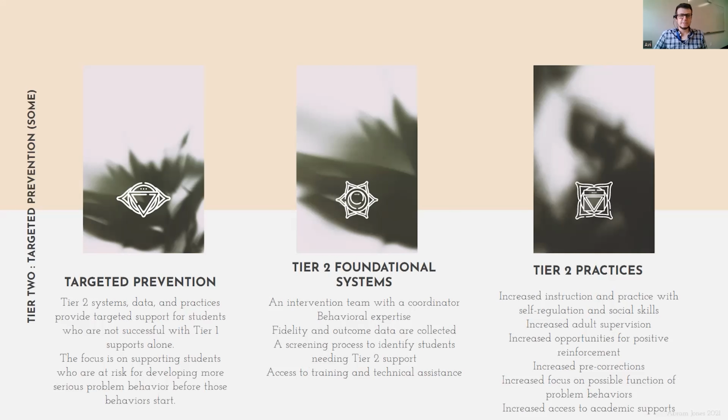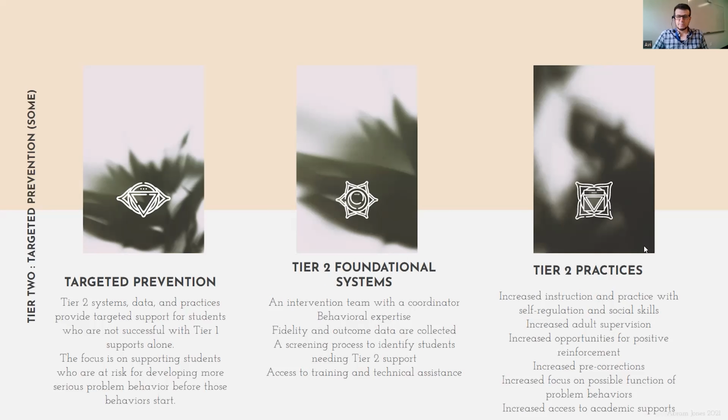All right, the foundational systems of Tier 2. An intervention team with a coordinator, behavioral expertise, fidelity and outcome data getting collected. There's a screening process to identify students needing Tier 2 support, as well as access to training and technical assistance.